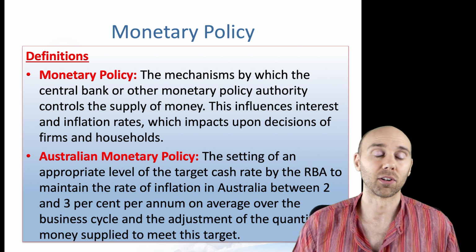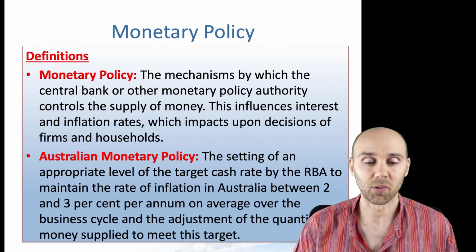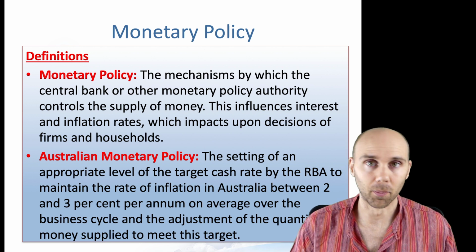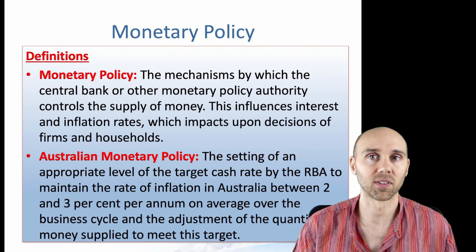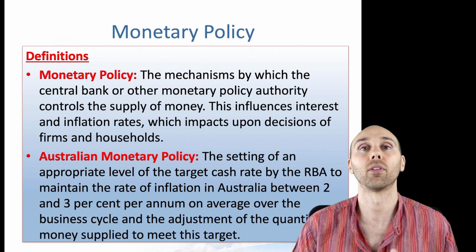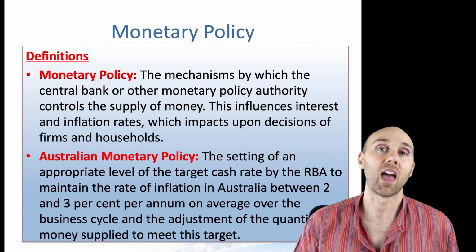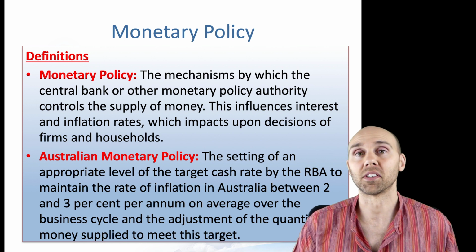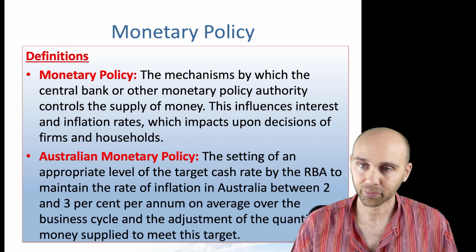And obviously that's going to affect what you and I do when we decide whether to buy stuff, to save stuff, to borrow stuff, to lend money. All of our decisions are going to be affected by both the interest rate and the inflation rate. And the same for businesses when they choose whether or not to invest.